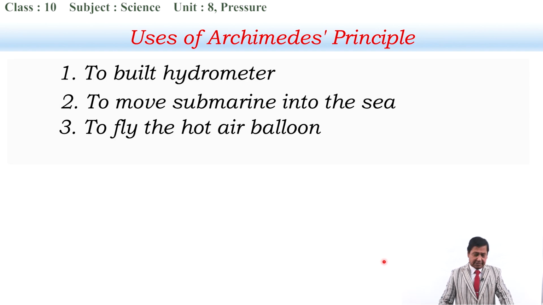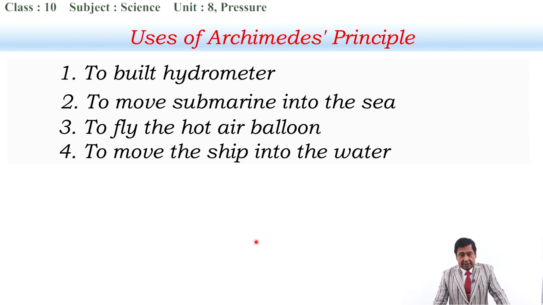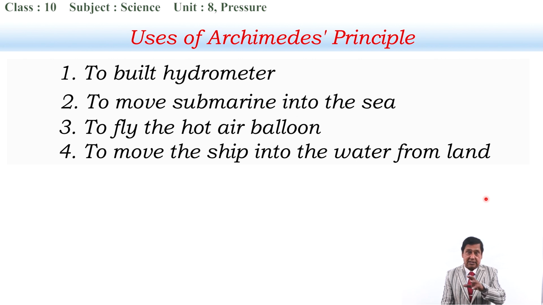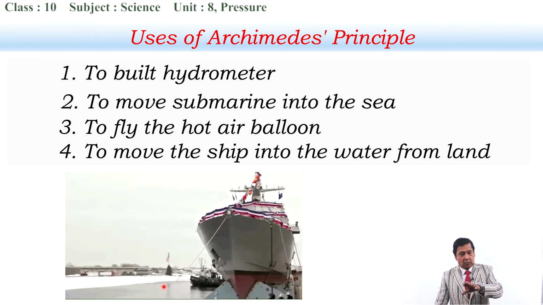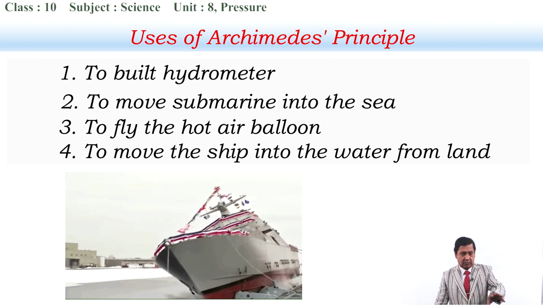Okay, now next, there is another point: moving a ship into water from land. If we have to move a ship into water, first it is made on the land and later we move it to water.